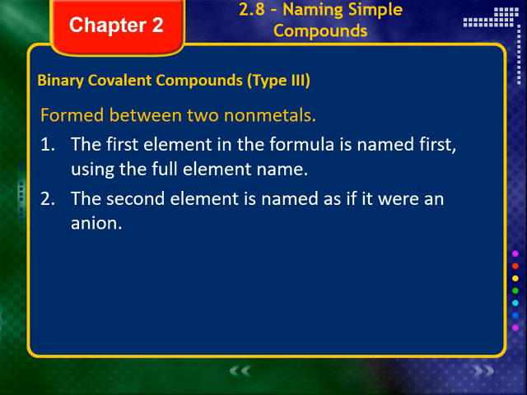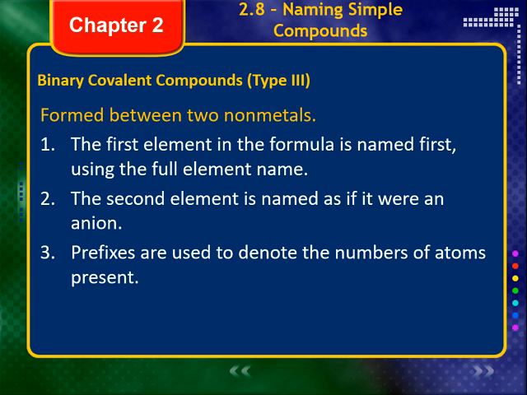Now, it's not an anion because we're not forming ions here. Think about it. If they were anions, you'd have 2 negative charges. They wouldn't attract. You wouldn't have a compound. These are not ions. You're simply satisfying 2 different valence shells here. That's why these 2 things are getting together. So the second element is named as if it were an anion, I mean with the -ide ending, that is.